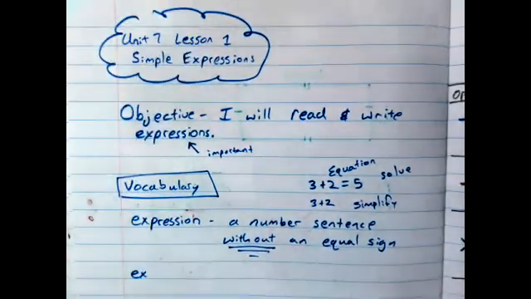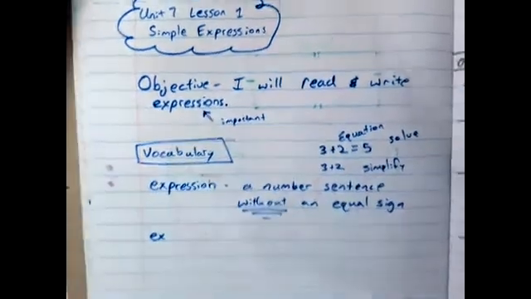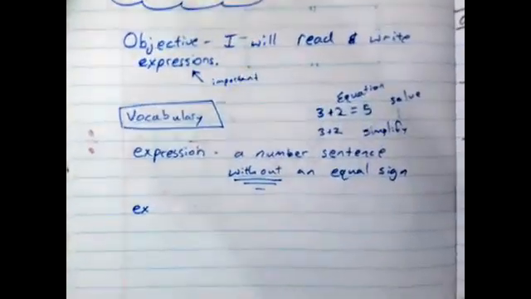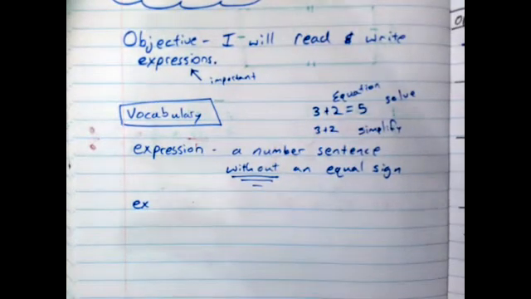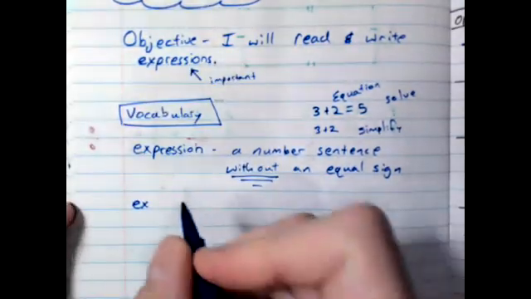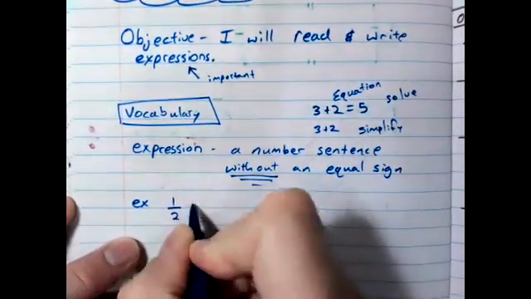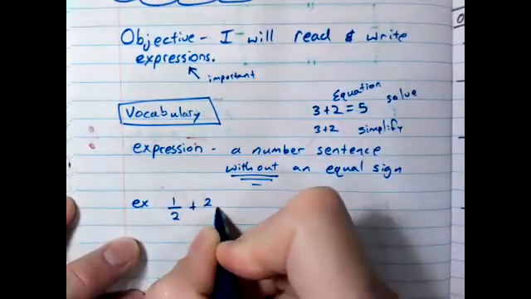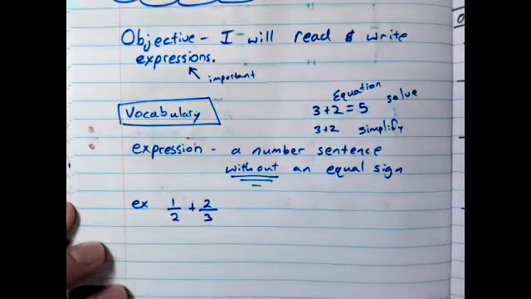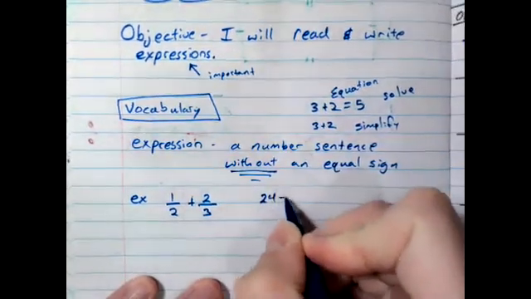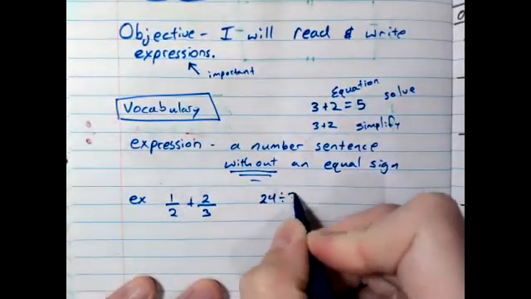All right, let's get some examples of expressions. An expression could be any operation. So an example of an expression with addition would be 1/2 plus 2/3. An example with division would be 24 divided by 3.